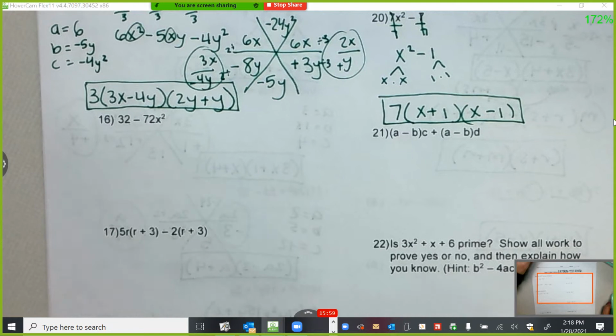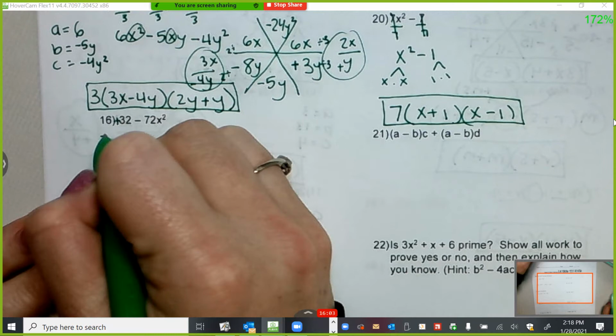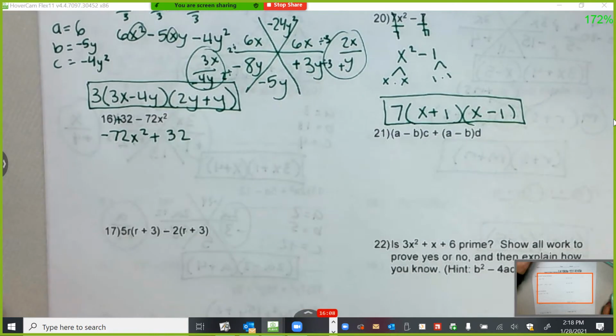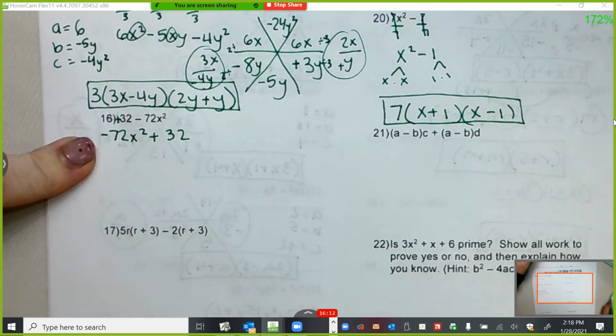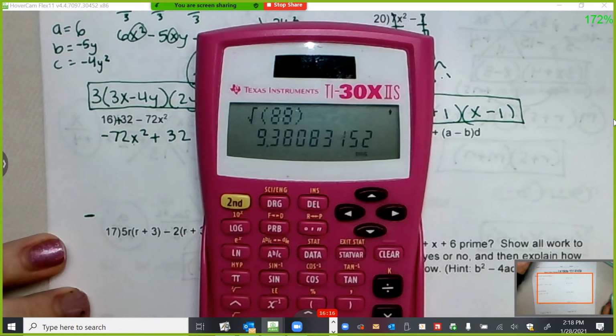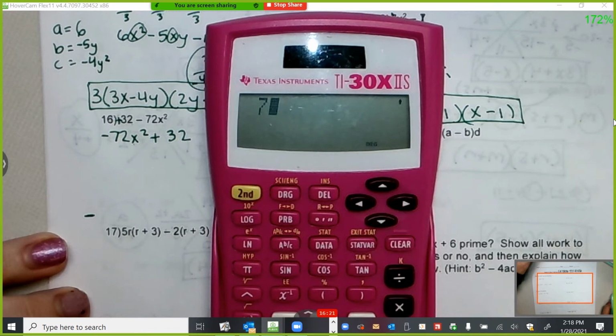Number 16 is not in order, so I need to rearrange. I want you to realize this is a positive 32, so I get negative 72x squared plus 32. And I also realize that I have a GCF. First off, I have to take out a negative because I have a negative at front. So I'm going to bring that down. And then let's see what goes into 72 and 32. I believe 8 goes into both of them.